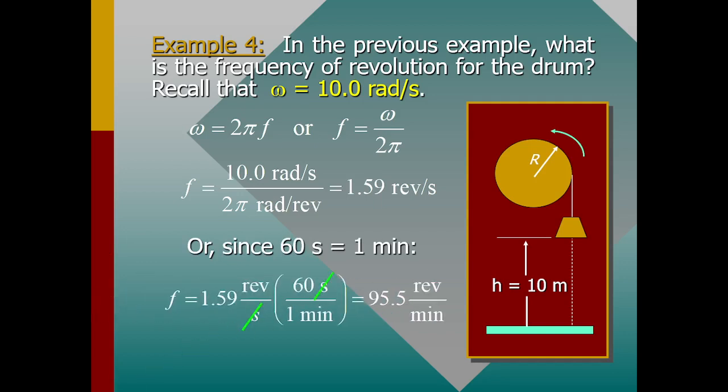Or you can use that particular formula in case you want to put it in minutes, but I'd prefer you to leave your answer as 1.59 revolution per second, because the second is the SI unit. But in minutes, you just multiply it by 60 seconds, and this is what you are going to have. Done.